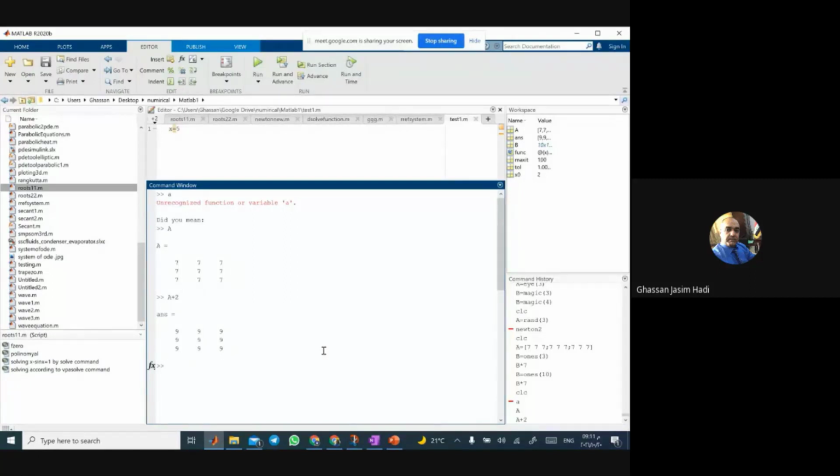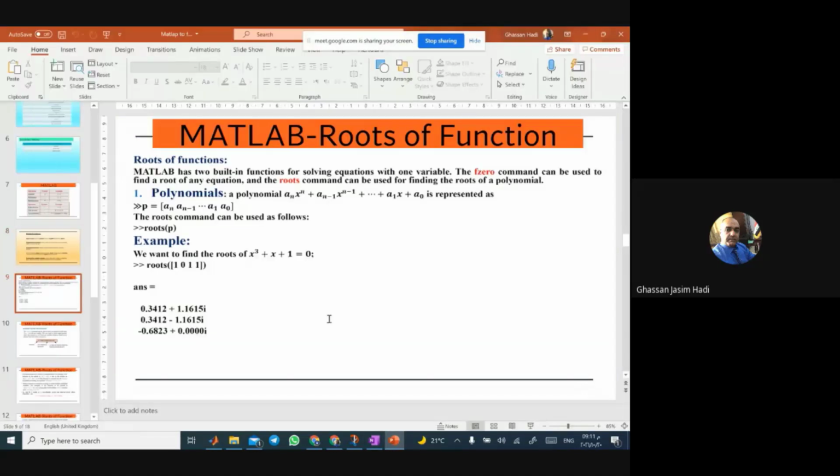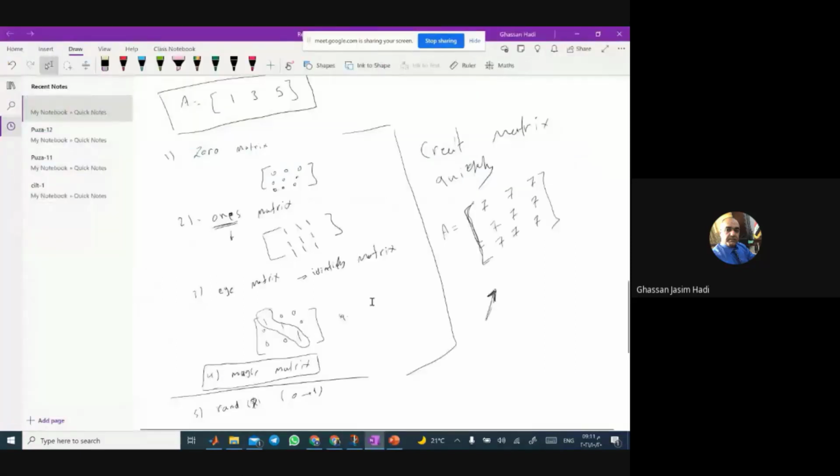Now, let's talk about the roots, how we will use the matrix to find the roots of a question. Let's go to the notes.